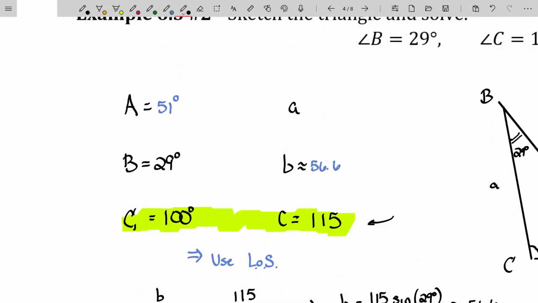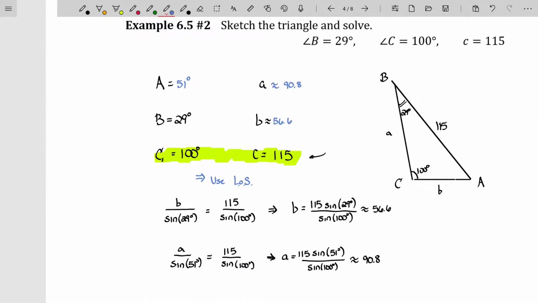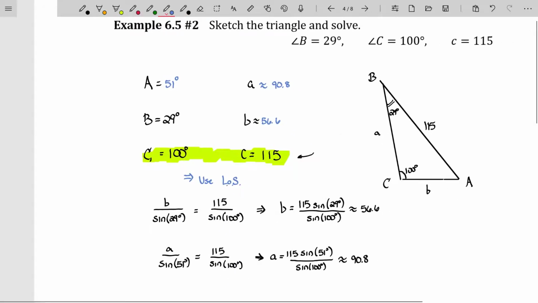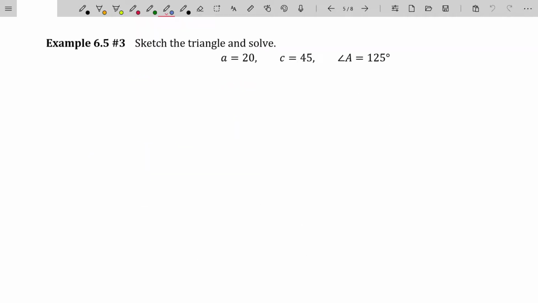So we have solved that triangle, and we have all the information we need. Again, when you are doing your computations, do it with the given information if you can. Otherwise, you risk rounding errors. So that's a piece of advice.